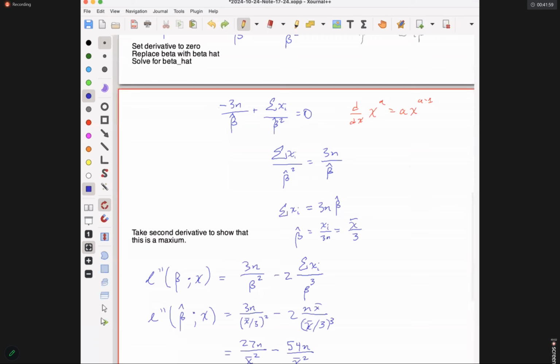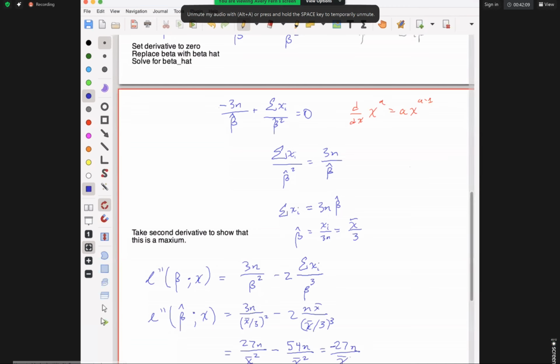So we end up with x bar squared in the denominator. And this is equal to negative 27n over x bar squared. Is this positive, negative, or do we not know?